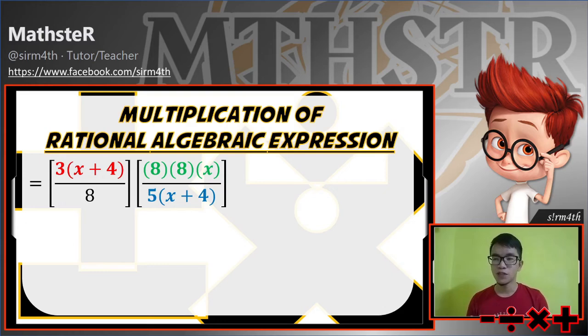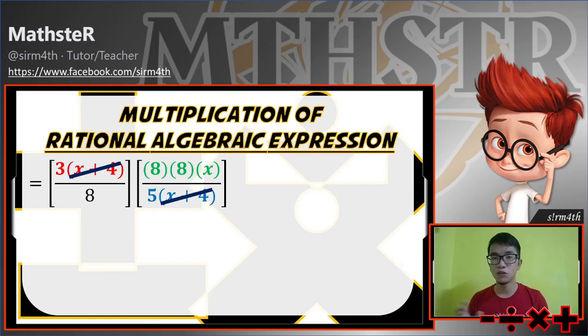Okay? So ngayon, i-analyze naman natin kung meron bang magkaparehas dun sa dalawang fraction or dun sa dalawang rational algebraic expression. Ngayon, may nakikita tayo na isang x plus 4 sa numerator at isa pang x plus 4 sa denominator. So ang gagawin natin, simply cancel natin kung ano yung magkaparehas at alam natin na pwedeng makancel sa kanila.